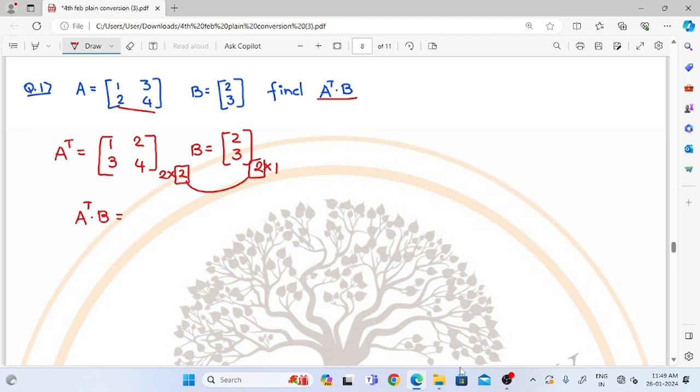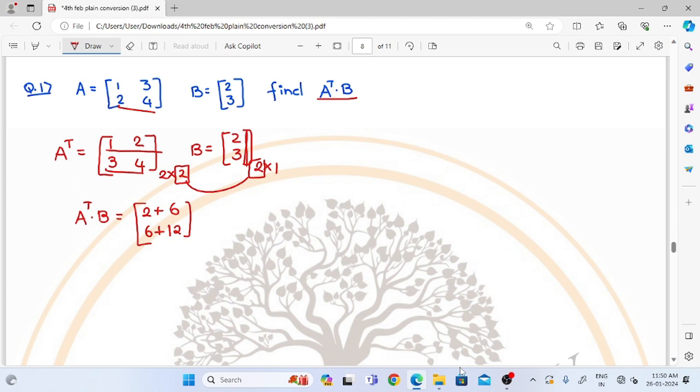Now how to multiply? The first row with the first column. So 1 into 2, that is 2, plus 2 into 3, that is 6. Then there is no other column, so now take the second row and multiply with the first column. So 3 into 2, that is 6, plus 4 into 3, that is 12.